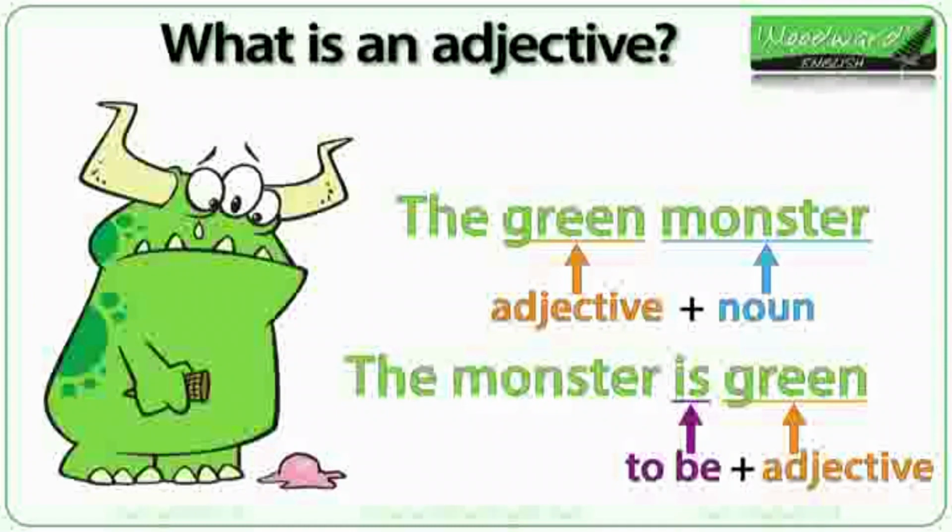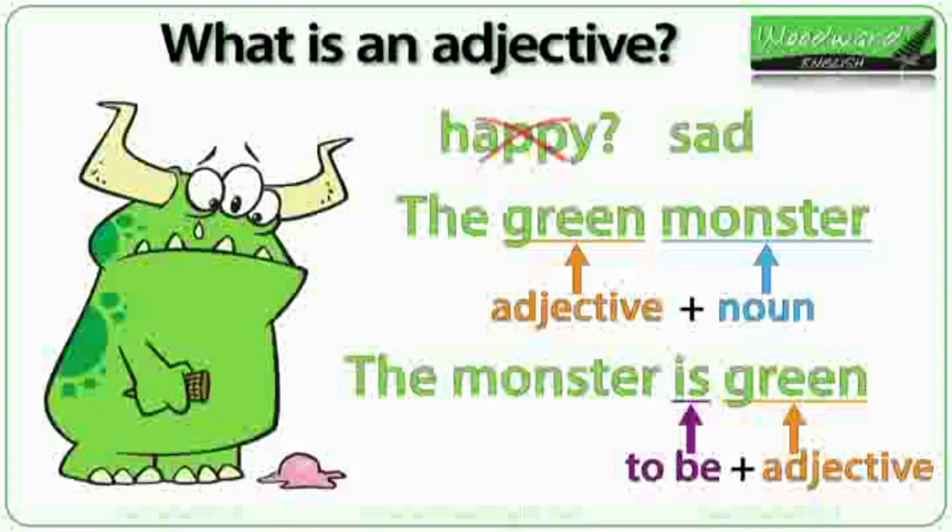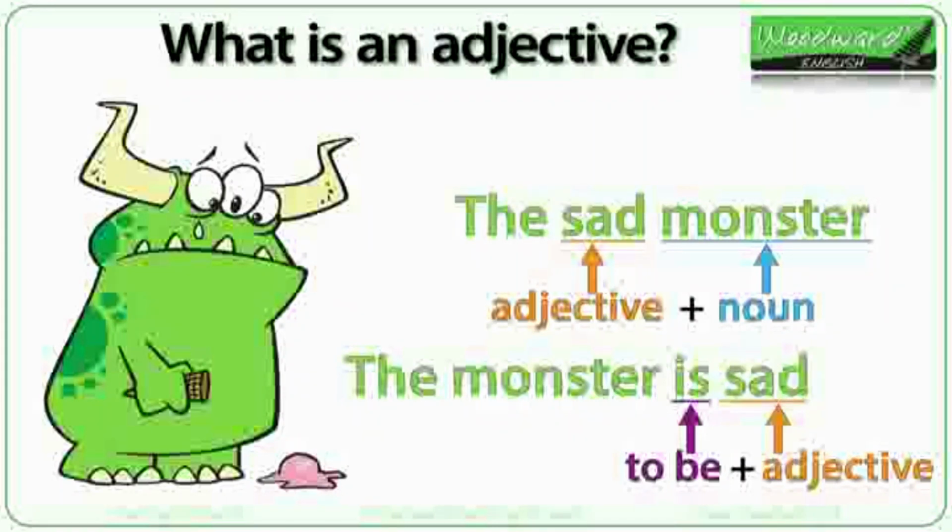What is another description of the monster? Is the monster happy? No, the monster is sad. Sad is an adjective. We can say the sad monster, adjective plus noun, or the monster is sad. To be plus adjective. Sad is an adjective.